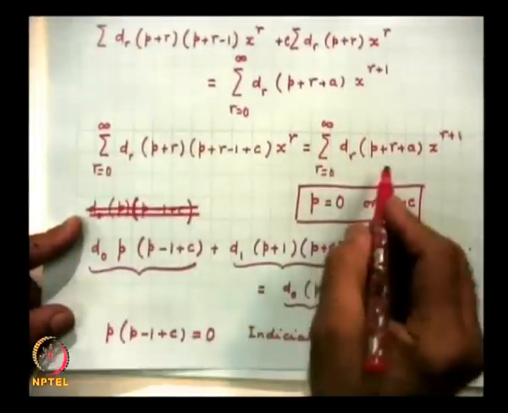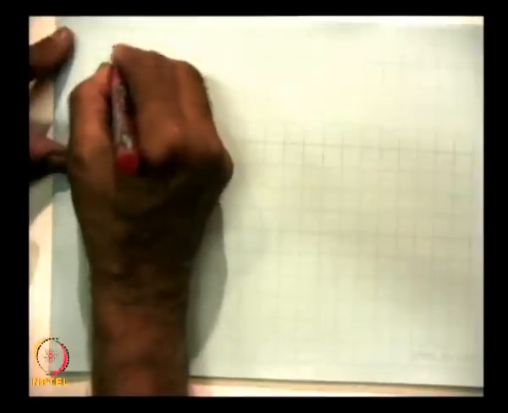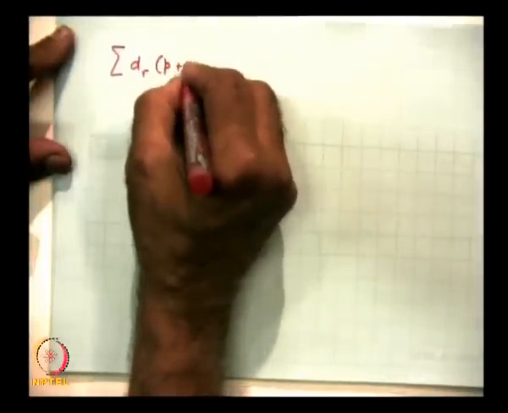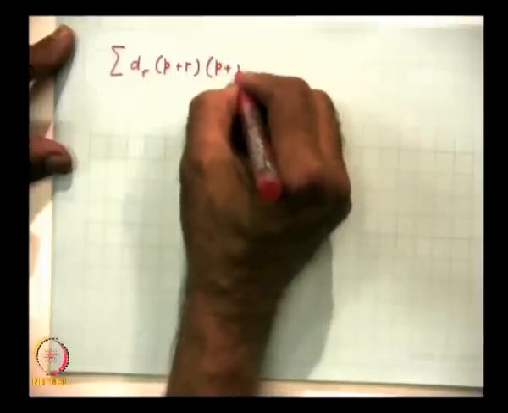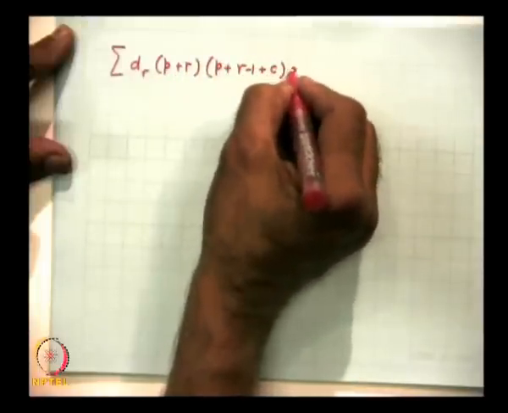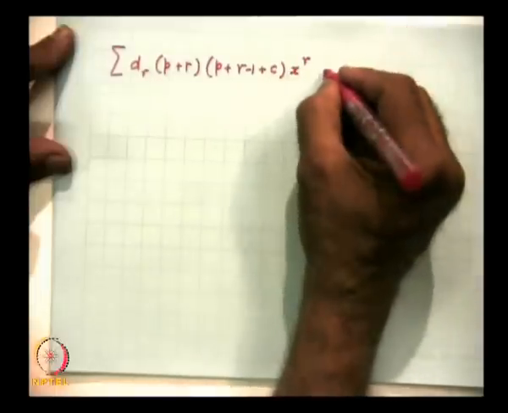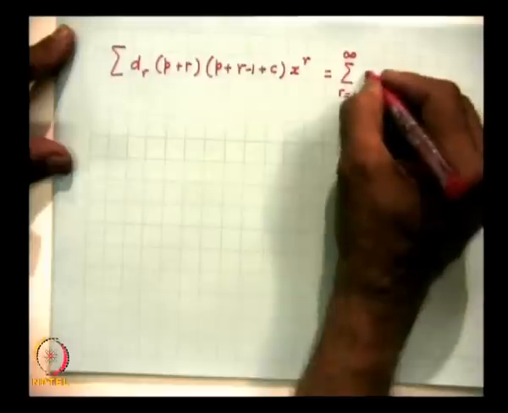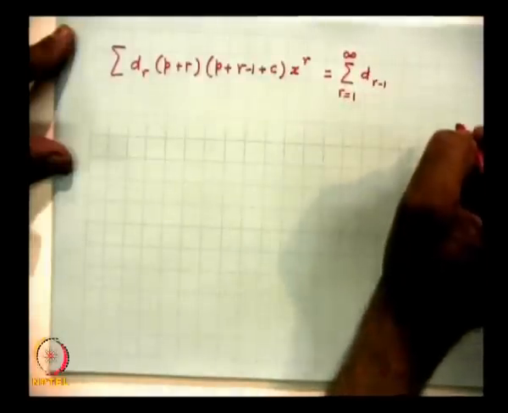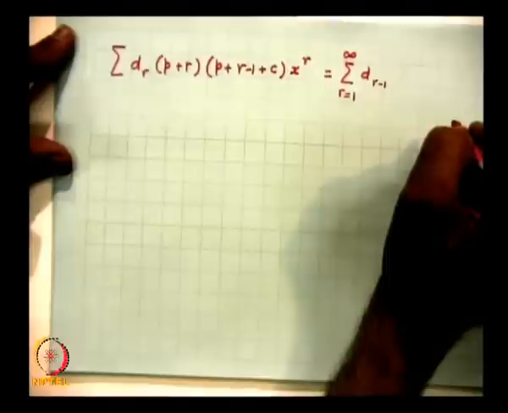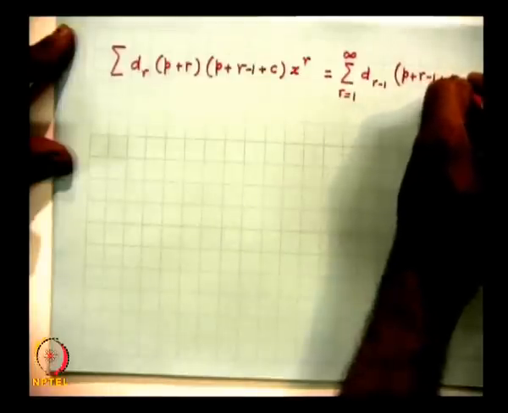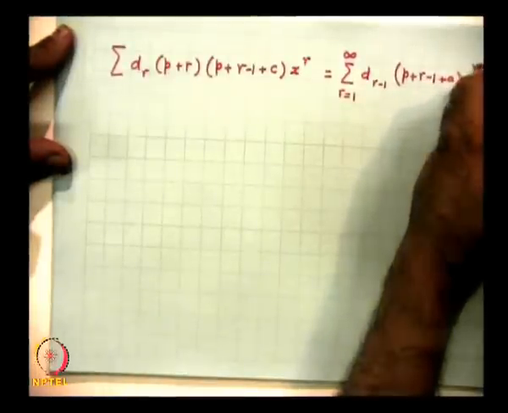So, please see this, I am rewriting this equation and I will obtain summation d_r (p plus r) (p plus r minus 1 plus c) x to the power of r, this is equal to, from r equal to 1 to infinity, d_(r minus 1) (p plus r minus 1 plus a) x to the power of r.